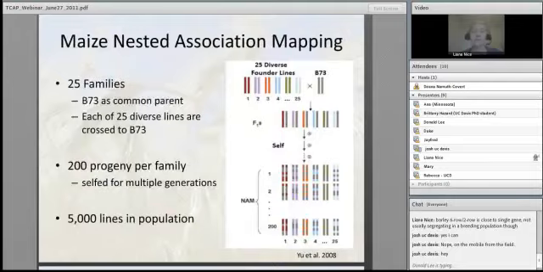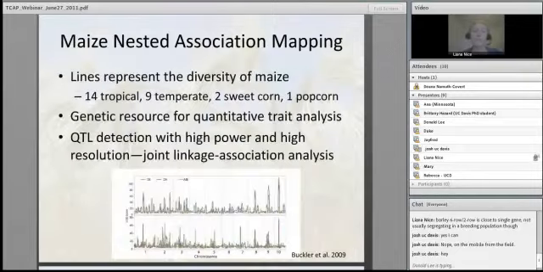So the maize nested association mapping population, I'm sure a lot of you are familiar with the NAM. They took 25 families that have B73 as a common parent and 25 diverse maize lines, each crossed to B73, and then selfed out into RILs for a total of about 5,000 lines in the population.